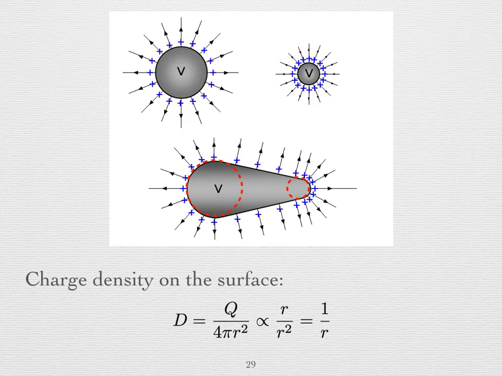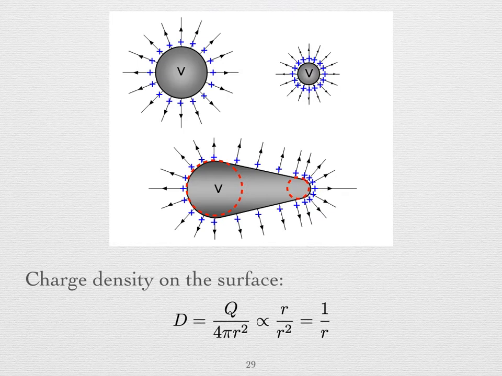So I'm going to briefly talk about the physics behind this. The charge density on the surface has something to do with its radius. So for example, I can model this irregular needle shape as two balls, a big one and a small one.